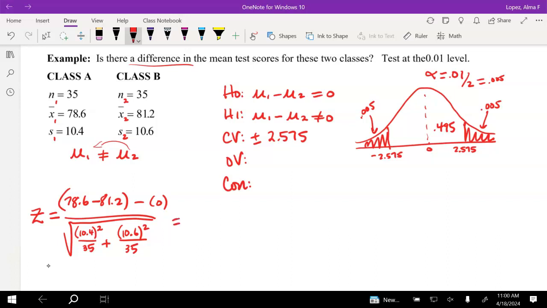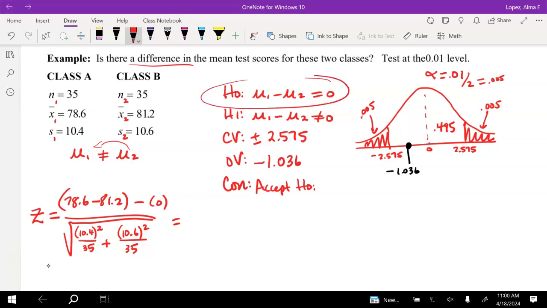I put that into the calculator, and the score I got when I did it before was negative 1.036. Negative 1.036 falls about right here. That means we're going to accept the hypothesis.